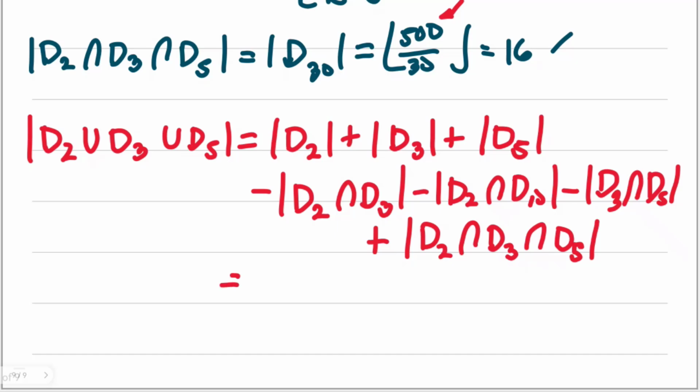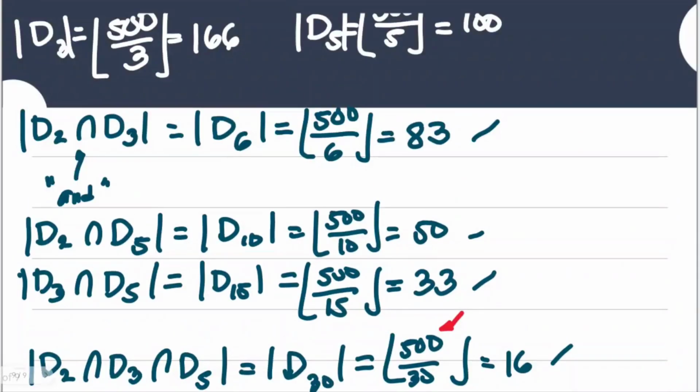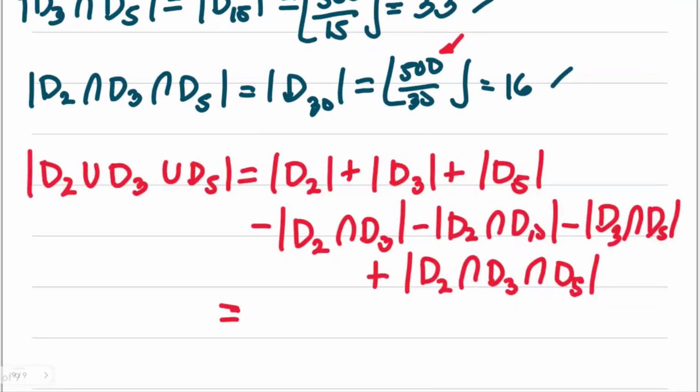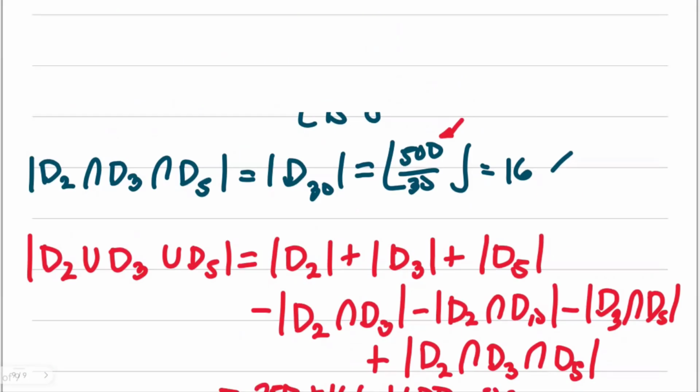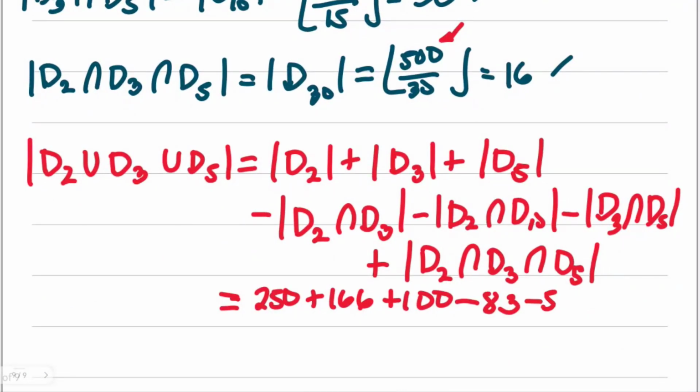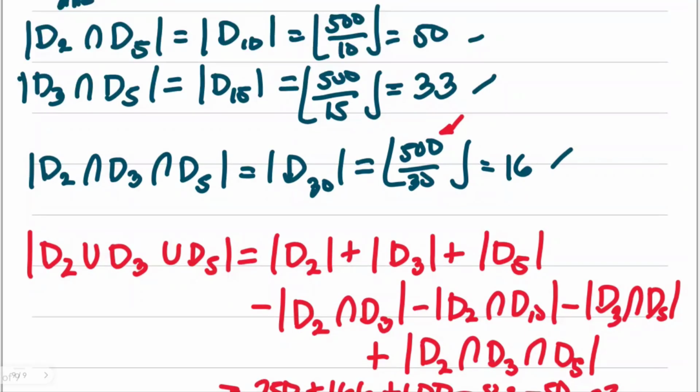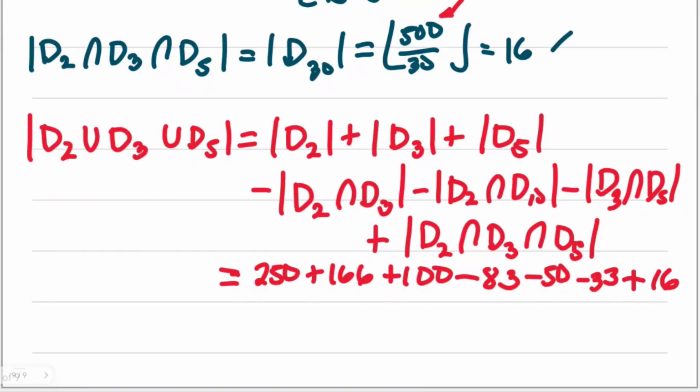So plug in all of this, you will have 250 plus 166 plus 100, then minus 83, minus 50, minus 33, and you have here plus 16.